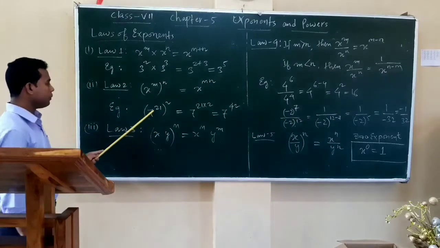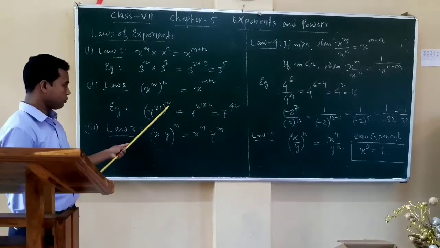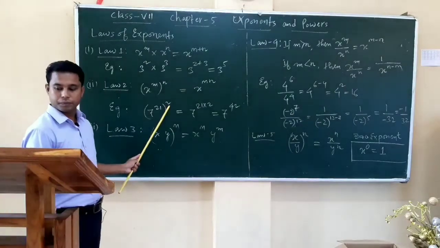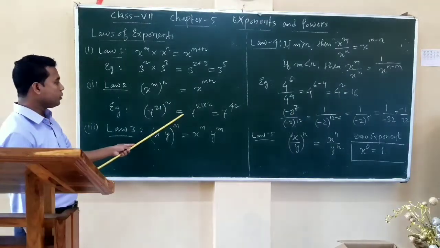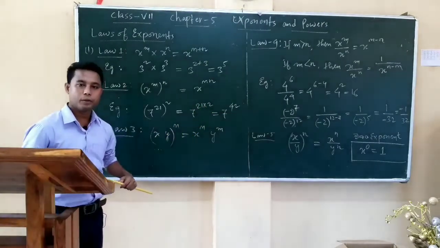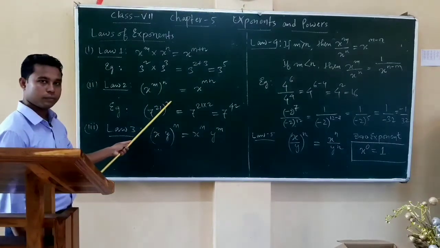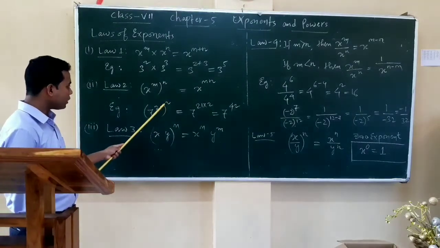For example, 7 raised to 21 whole raised to the power 2 is equal to 7 raised to 21 into 2, which is equal to 7 raised to 42.